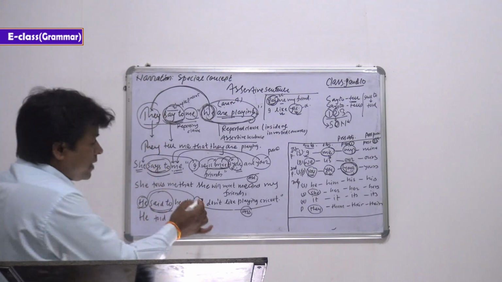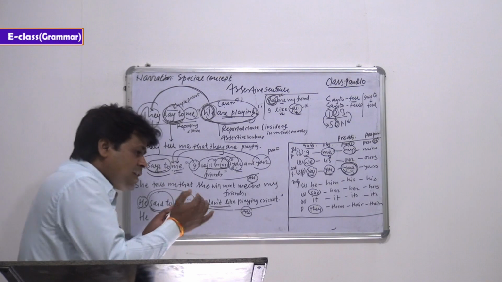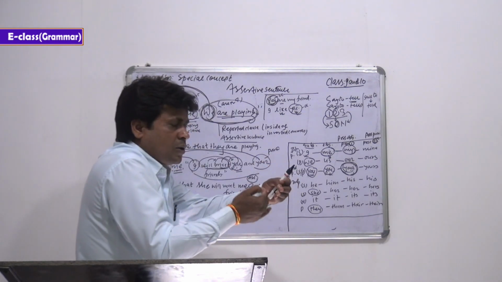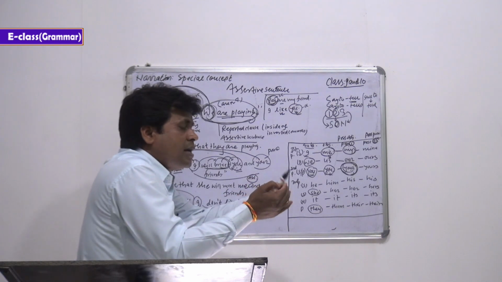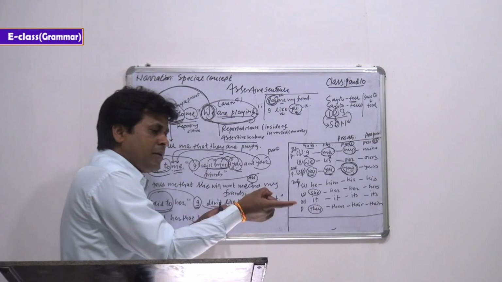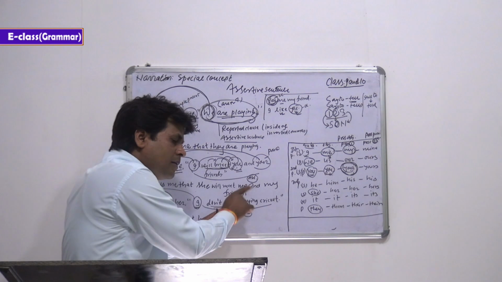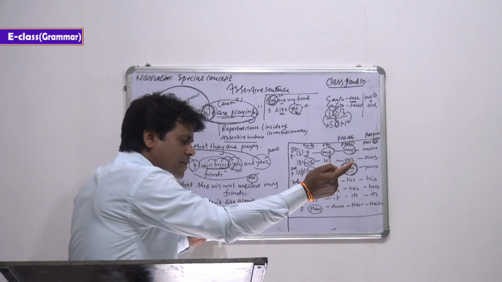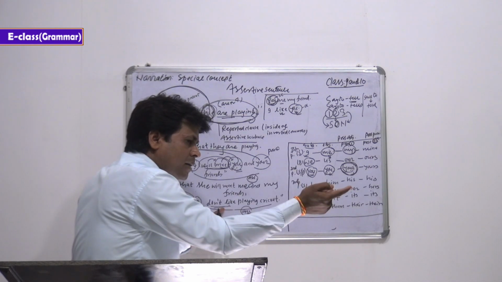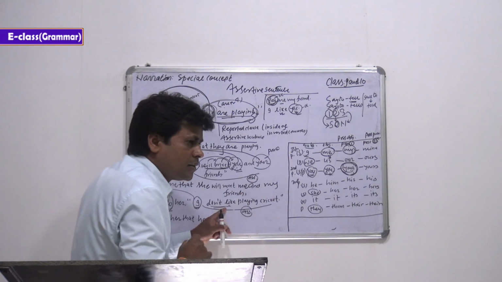By the way, if we have simple present tense here, it is changed into its corresponding past, equivalent past. So what is the equivalent past of simple present? Simple past. So if we have simple present, then it becomes simple past. If we have present continuous, then past continuous, equivalent past. Present perfect, then past perfect. And I hope you know the structure of tense.